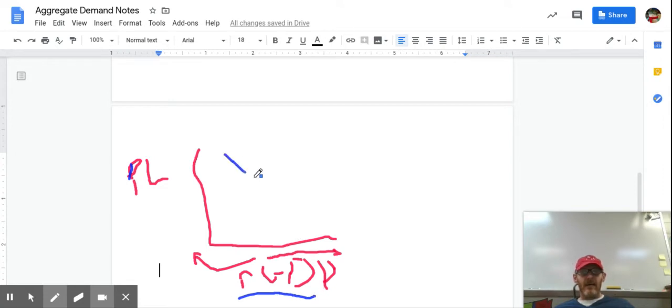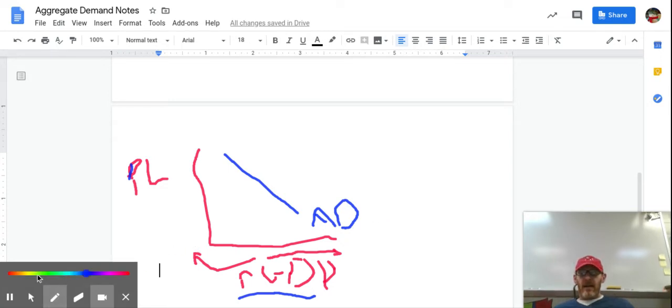But aggregate demand is just like a demand curve, just downward sloping, right? So here's our aggregate demand, okay? If for some reason, and we know this is C plus I plus G plus X, there's an increase in consumer spending, like we lower taxes, or we just start spending more, or Americans started feeling good about themselves, confidence wise, or if our wealth went up, well, then aggregate demand would move to the right, right?